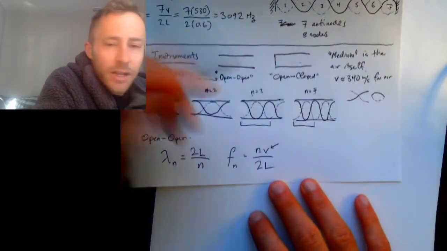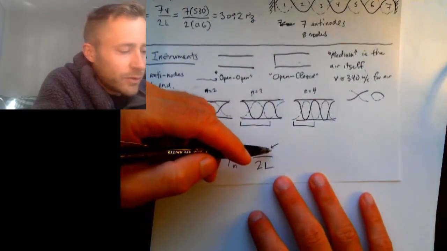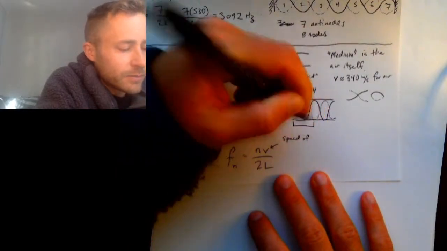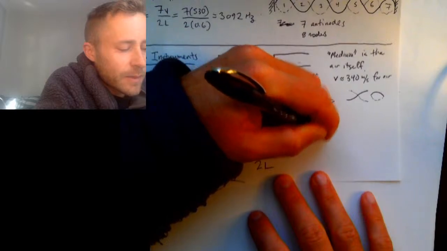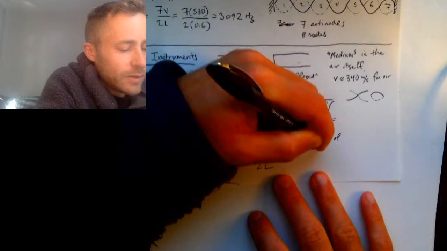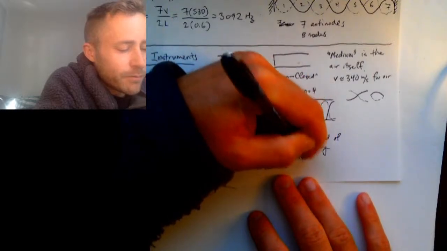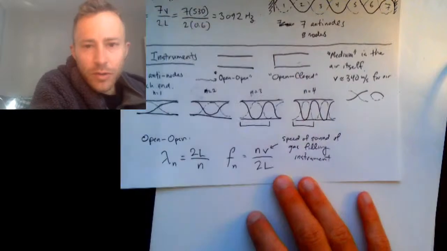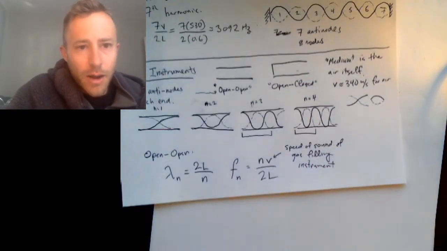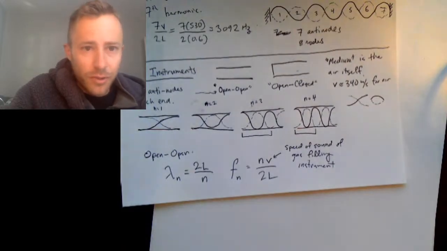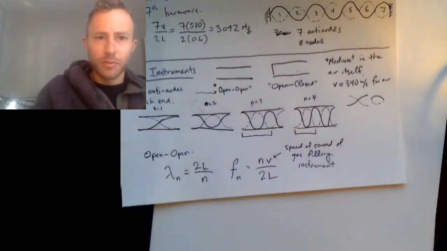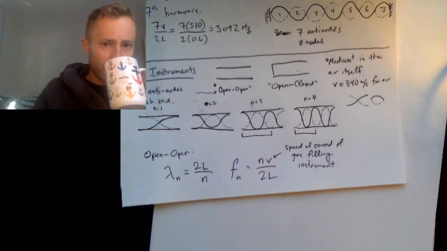Here, the medium is the air itself, so this is the speed of sound of the gas filling the instrument, which most of the time is going to be air, okay? But it could be some exotic gas. In fact, I think on the quiz I might have one with an exotic gas.